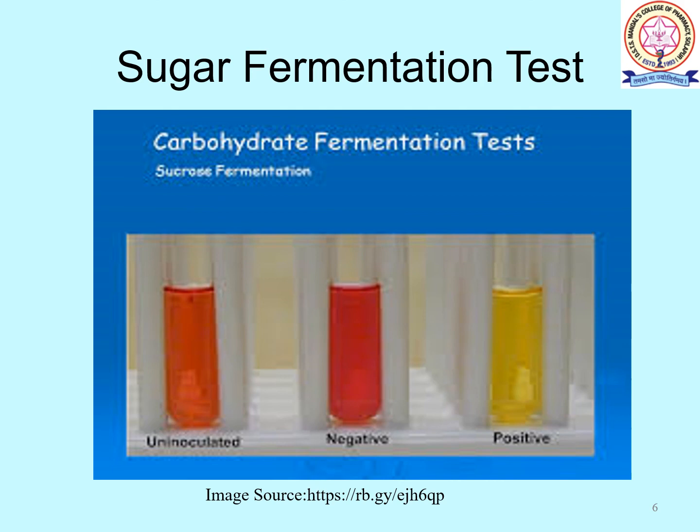If it is negative, it will remain as it was initially. On addition of the organism, if it is fermenting, then it shows gas production. Here there is no gas production, hence this carbohydrate fermentation test is negative, and this particular test is positive.